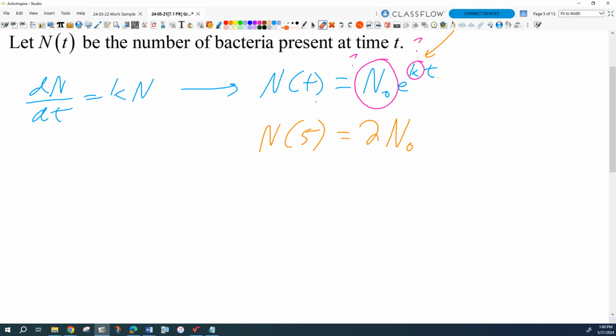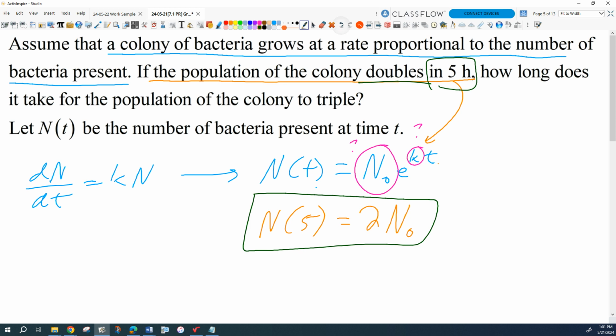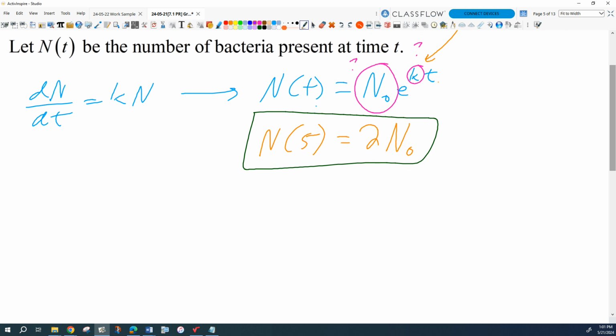Here's something we know. The population of the colony doubles. The fact that it doubles gives us that equation: it's twice as big as it was originally. In 5 hours means we're just plugging 5 in for t.